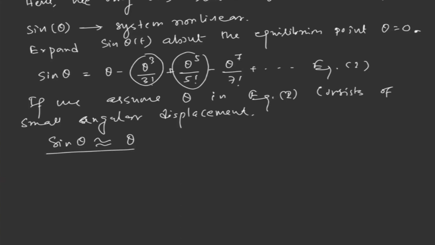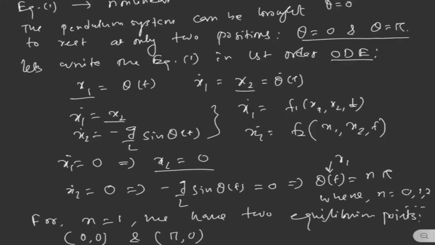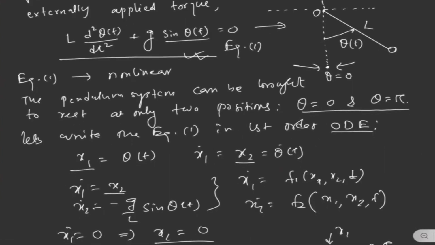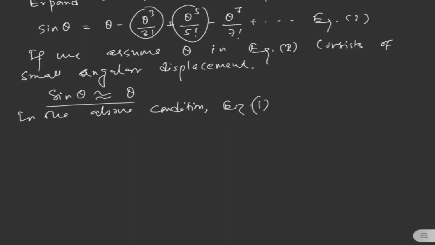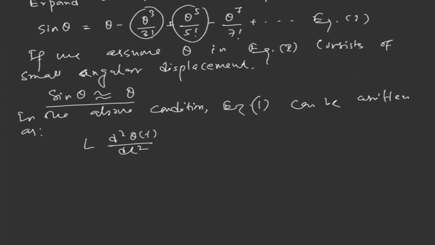So in this condition, equation number 1, which is our nonlinear equation, can be written as L d square theta of t by dt square plus g theta of t equal to 0.